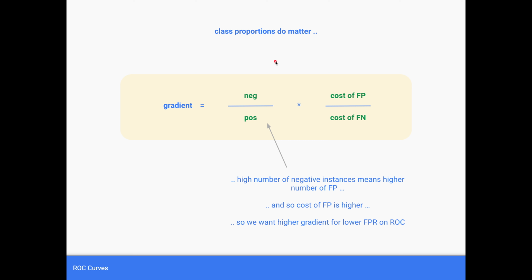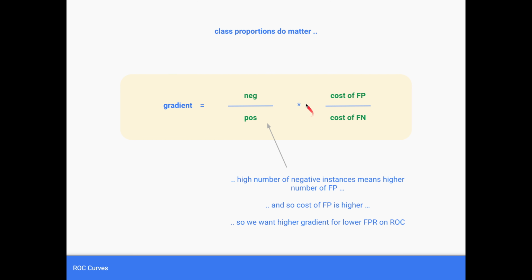Now if you wanted to dig into the maths of that even more and think a little bit about whether the cost of a false negative or a false positive matters, then actually we do need to care about class proportions, because if I have a population with many, say, negatives, there will be more of those in absolute terms.